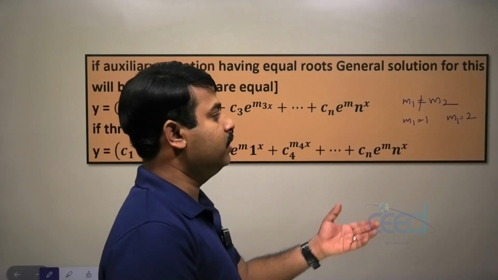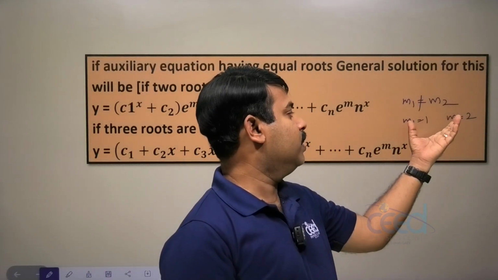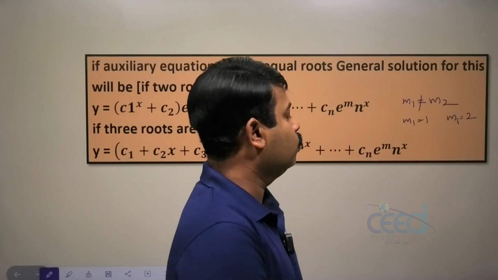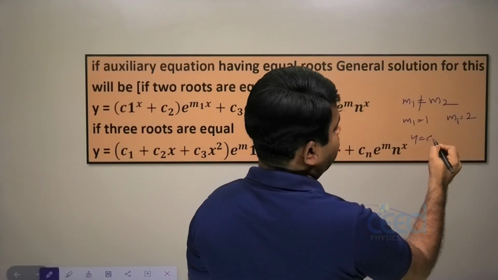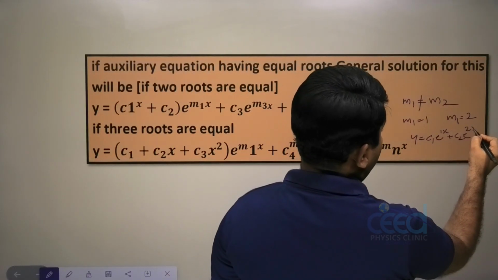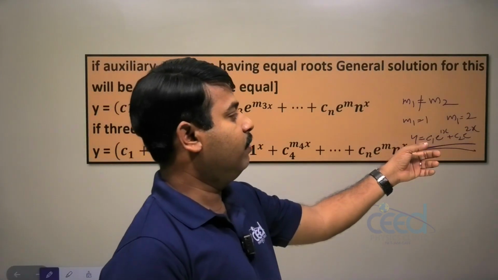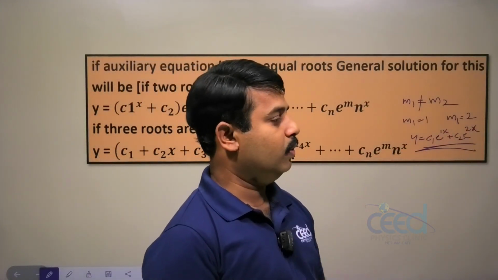Then you can simply write y is equal to c1 e raised to 1x plus c2 e raised to 2x, right? This is the method, considering c1 e raised to m1x, c2 e raised to m2x.